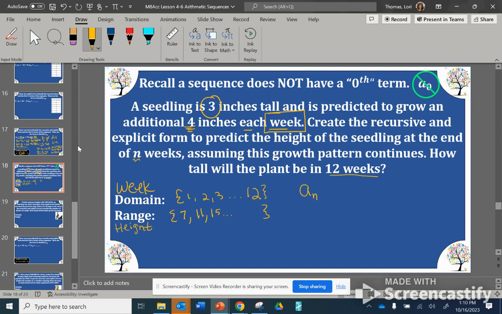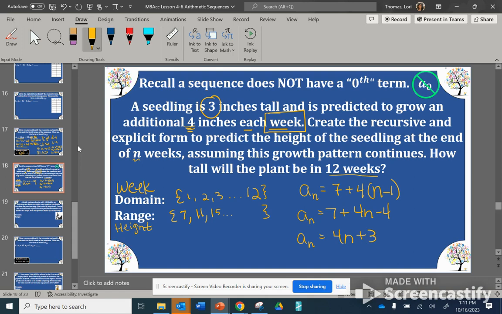So we are going to plug in our first term, which is 7, plus our common difference, which is 4 times n minus 1. So that's explicit. Now let's simplify it. We have 4n minus 4, combine like terms.